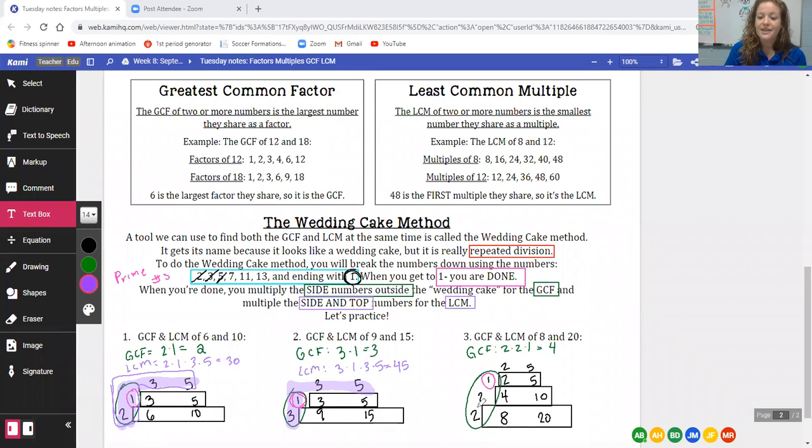And now we're going to find the LCM, which is those side numbers and the top numbers. Remember, it makes that upside down L. That's how you remember LCM.